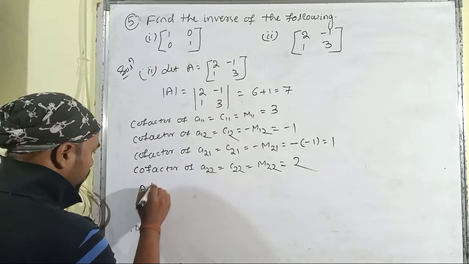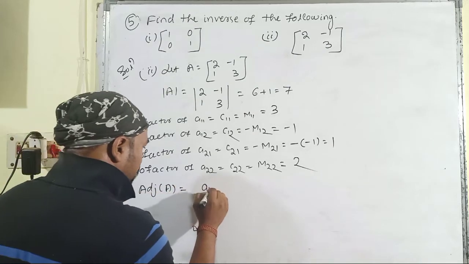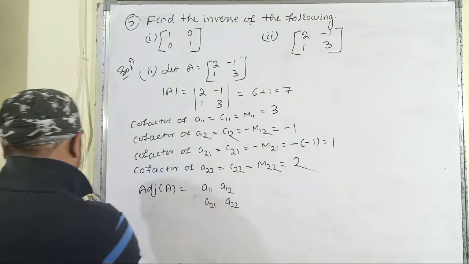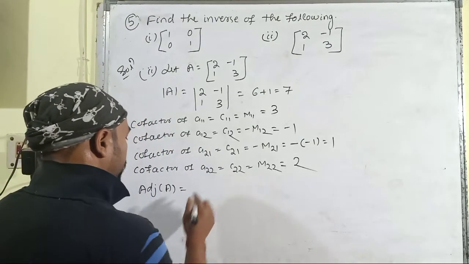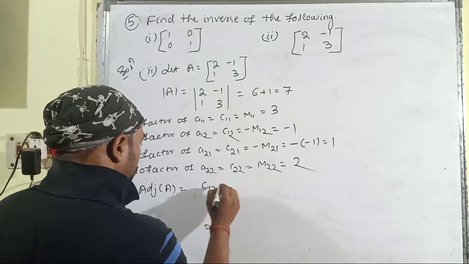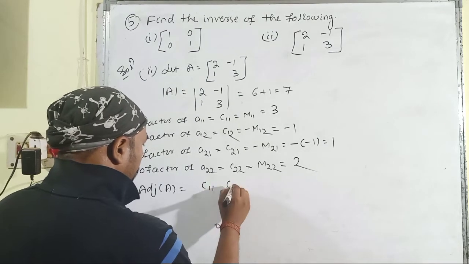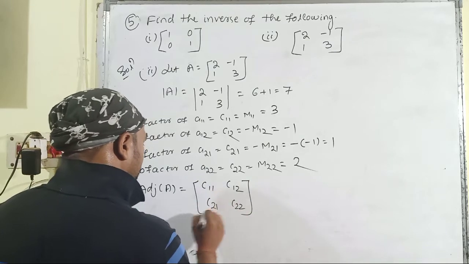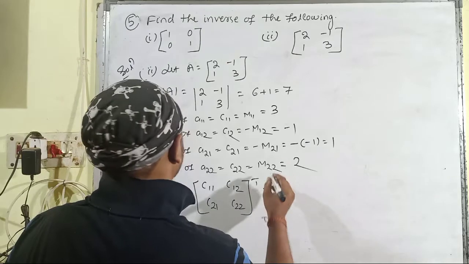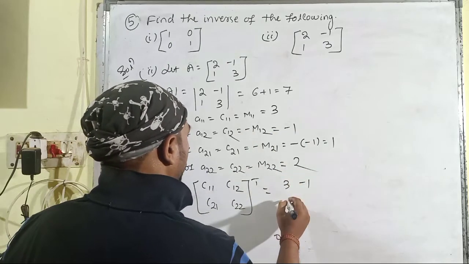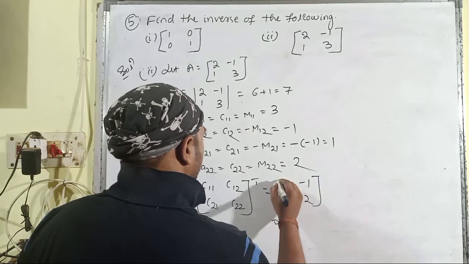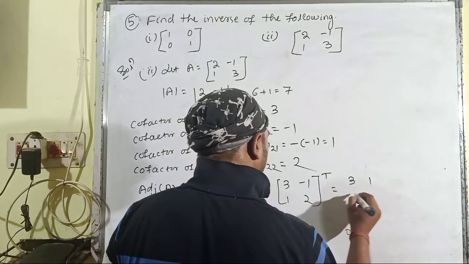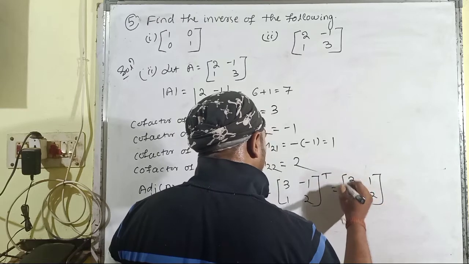So adjoint of A is equal to the transpose of C11, C12, C21, C22. So this is [3 -1; 1 2], and its transpose. Then this will be equal to [3 1; -1 2].